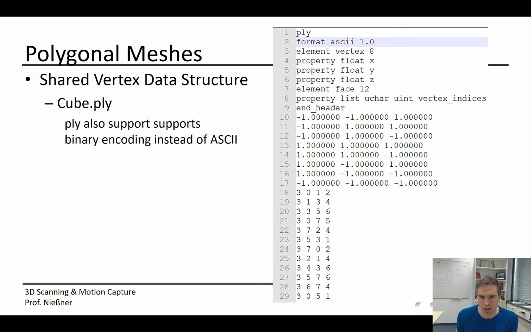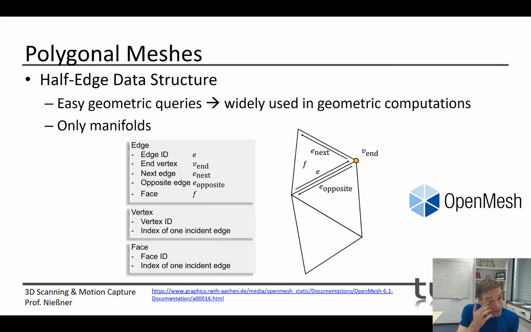I still wanted to share a few other things. One data structure that people use is the half-edge. This is a very powerful data structure. The idea here is a little bit different: you want to make geometric queries very easily. For instance, traverse my fan, or tell me what my neighboring face is, or find all faces that are around one vertex.